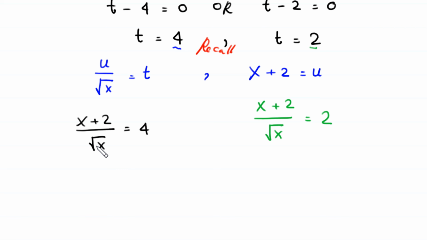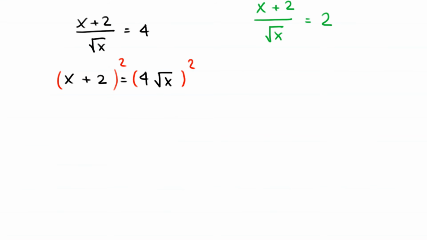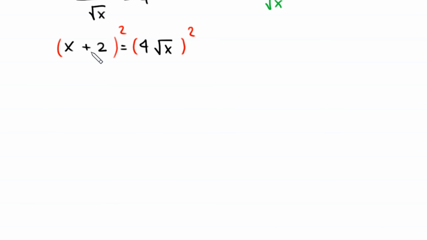If we multiply both sides by root x, then this will become x plus 2 equal to 4 times root x, and from here we take the square of both sides. This (x plus 2) whole squared will become x squared plus 4x plus 4 equal to, this 4 squared is 16 and root x squared is x.